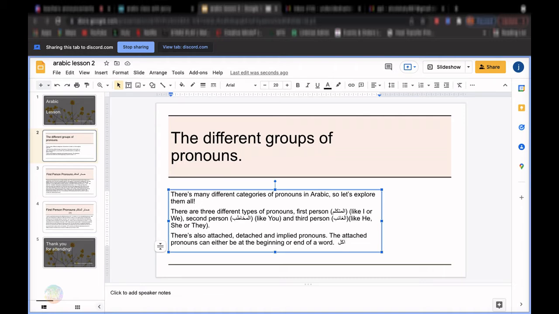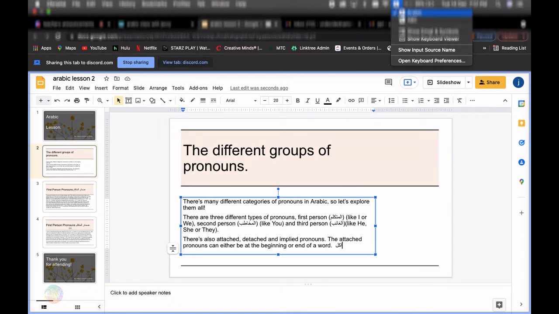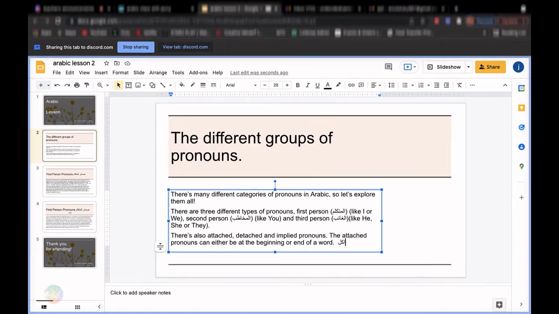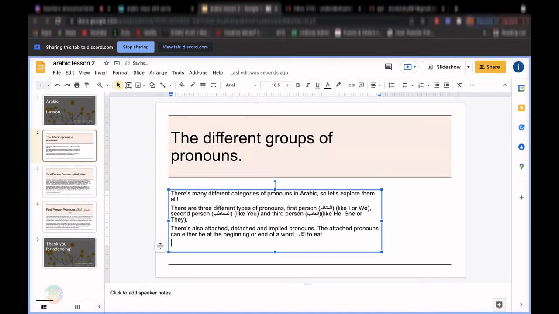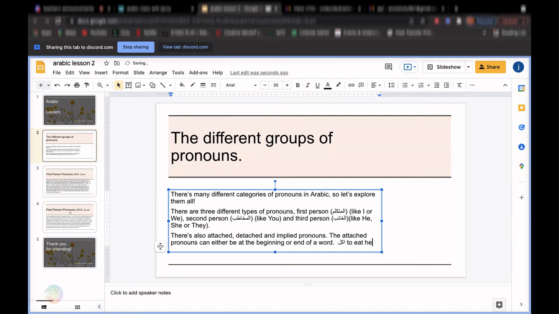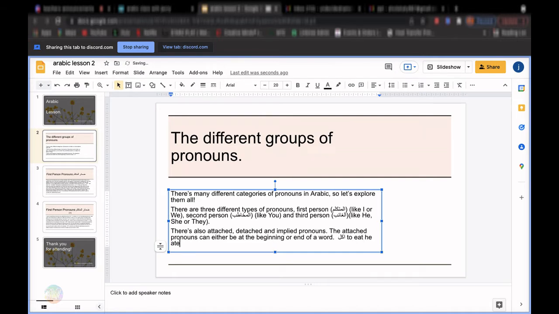That can mean two things. That can mean to eat. And it can also mean he ate. It can mean two different things, right?